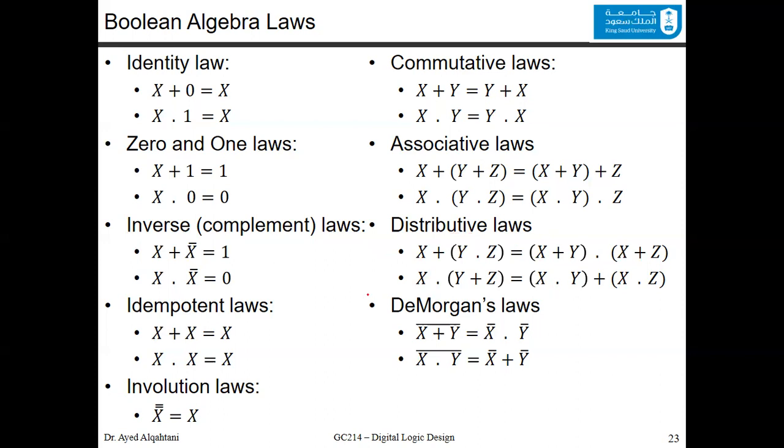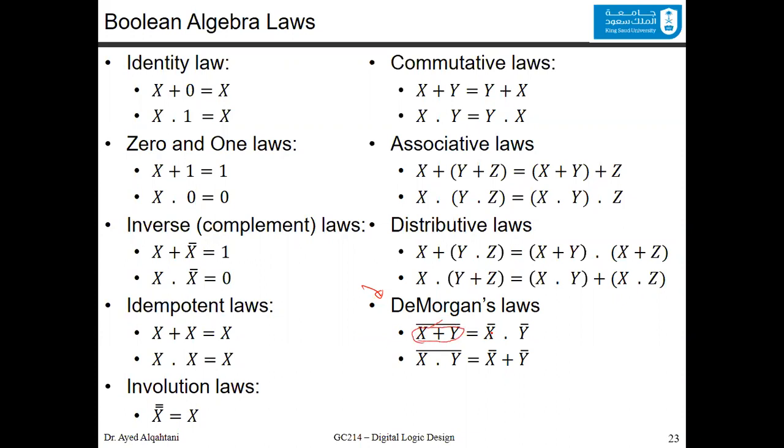The De Morgan law, or you could remember it by saying break the line and change the sign. So you have X or Y, all bar. You break this line and change everything below it.